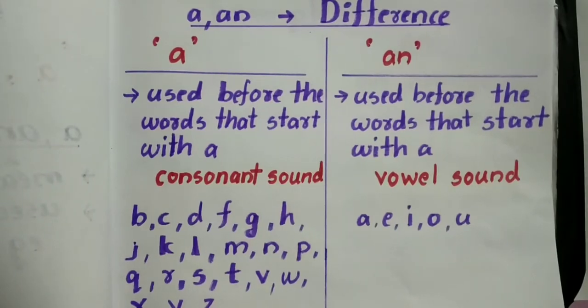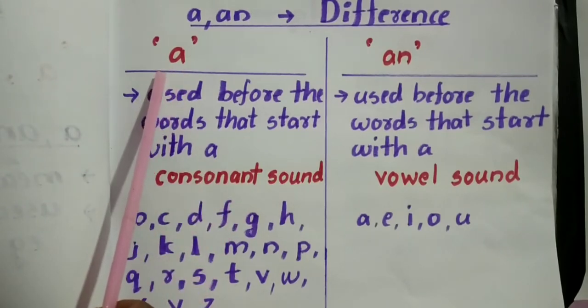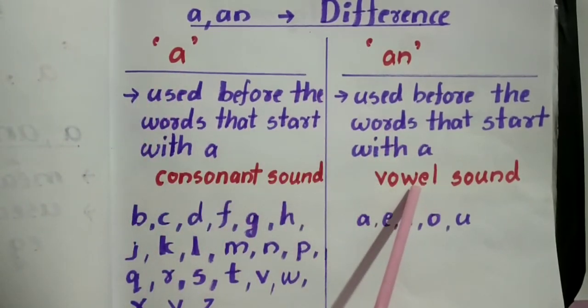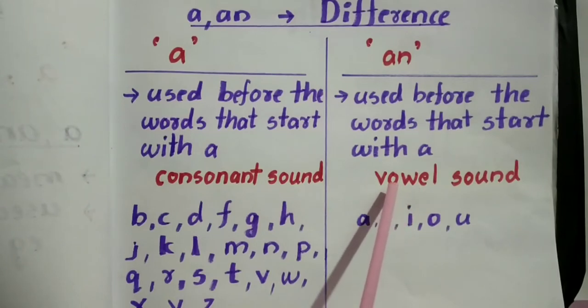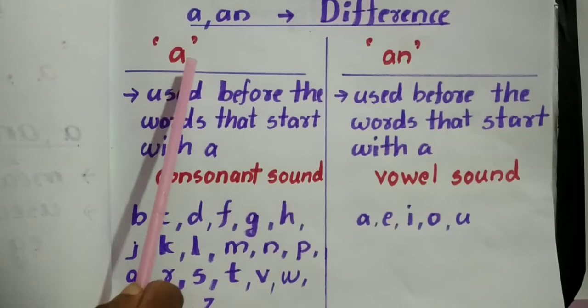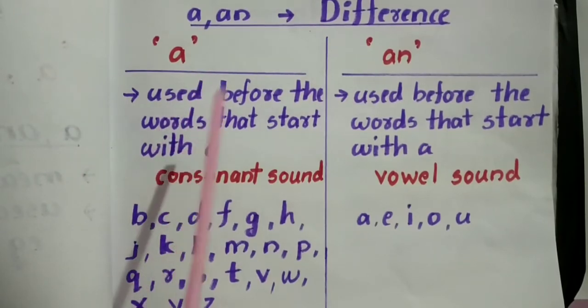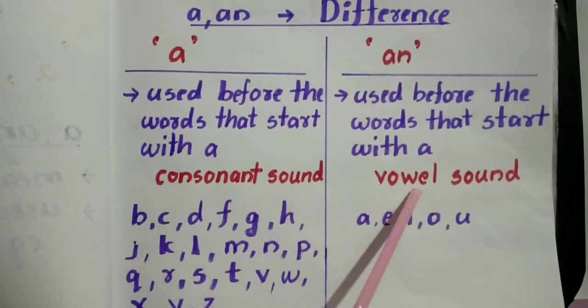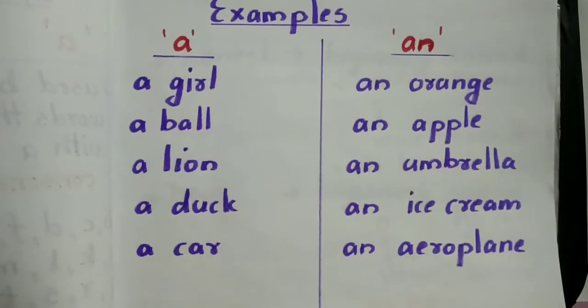The point we have here is, if the word begins with a consonant sound, we will use a, and if the word begins with a vowel sound, we use an. We will use a with consonant sounds and an with vowel sounds. If we go through the examples, it will be clearer for you.